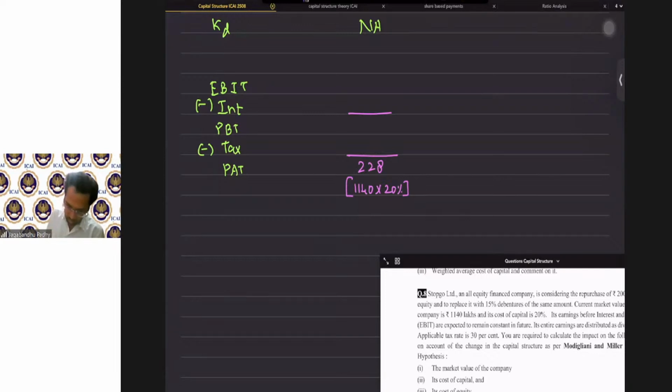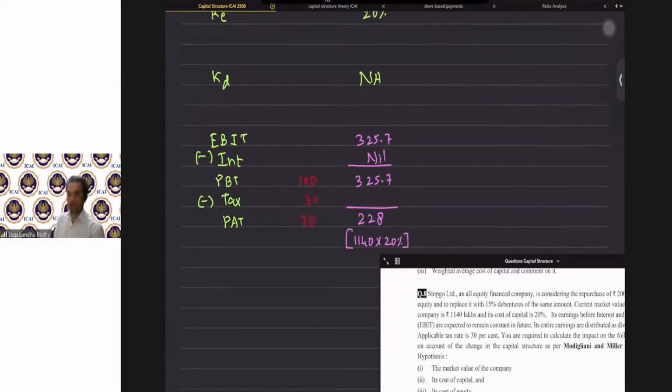Okay, so we can simply take it like PBT being 100, tax being 30, PAT should be 70. So by cross multiplication, you will get a PBT of 325.7. Since no interest is paid, this 325.7 is itself the EBIT.